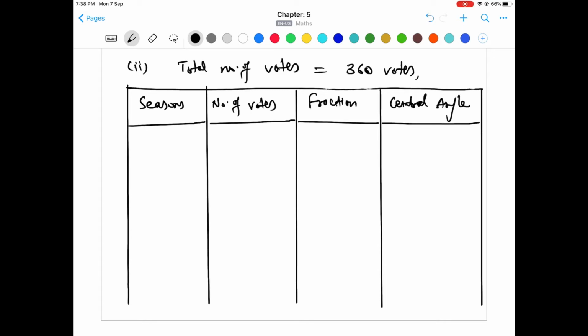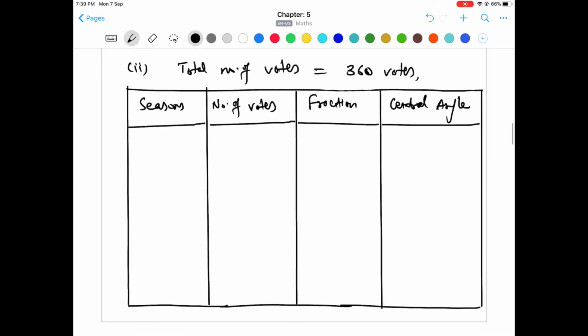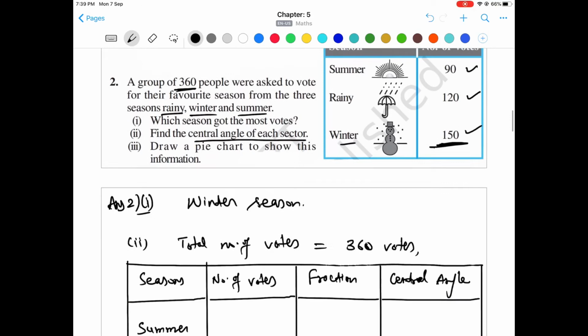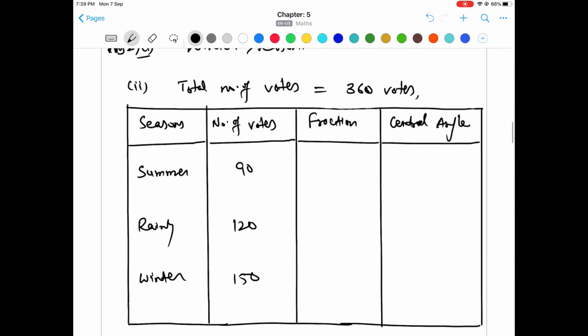These things are to be calculated. So let's write the seasons first. First we have summer, then rainy and winter. The number of votes is 90 for summer, 120 for rainy, and 150 for winter.